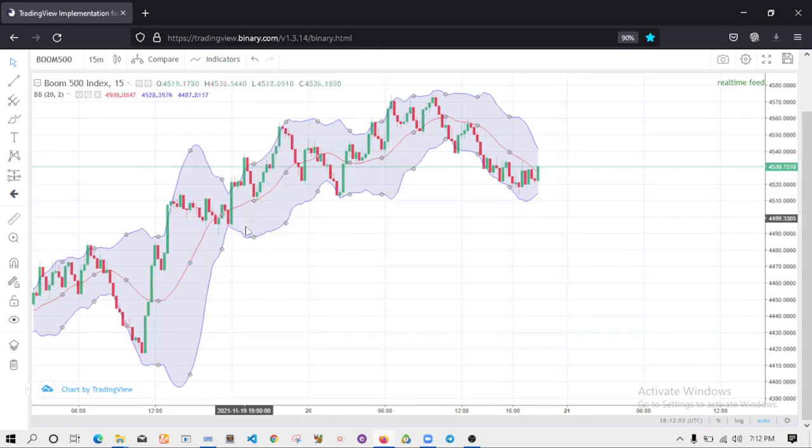That is how the price deviates from this 20 moving average. This is the lower bound and this is the upper bound, so it's two deviations from the middle one. So these are the three lines the Bollinger Bands are made of.